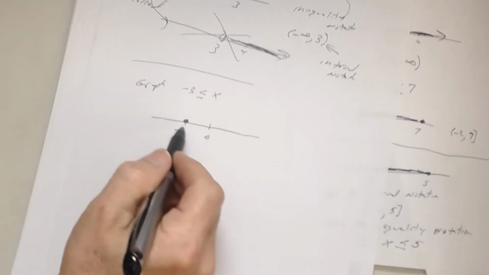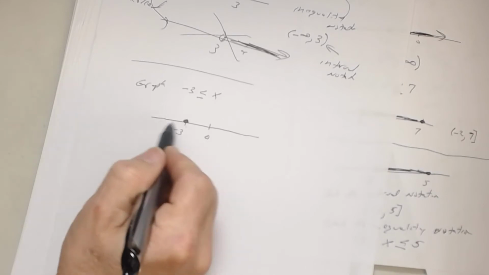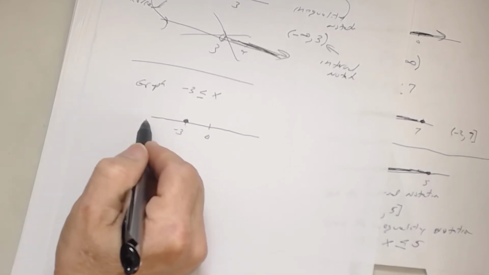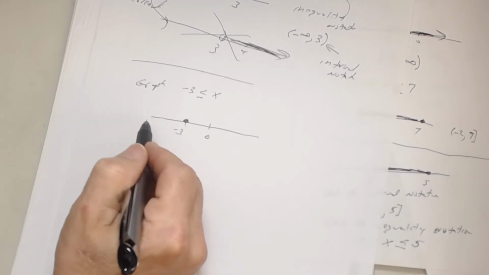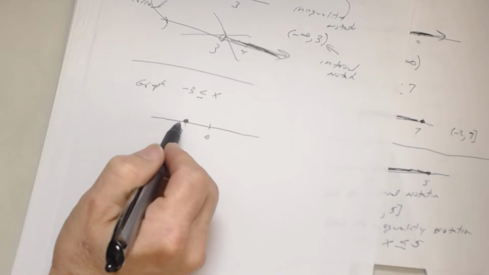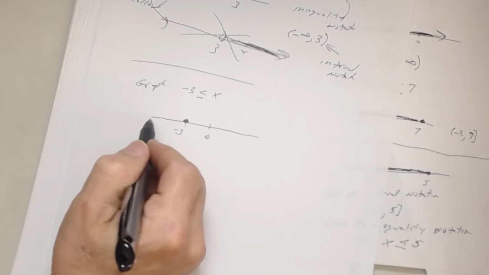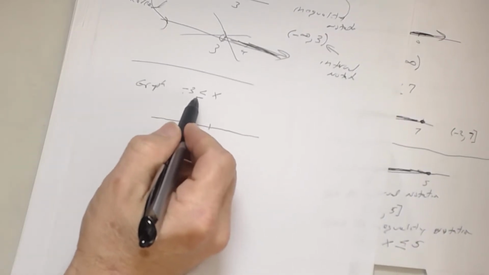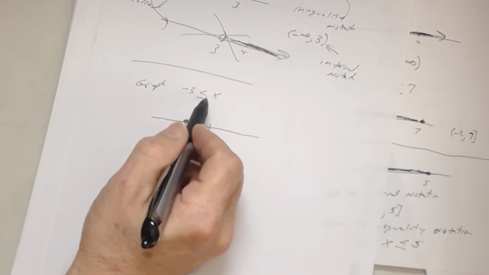So if you did shade everything to the left, I'm not going to shade it. But if you did, let's think about this. Give me a number that's to the left of -3. -1 is not to the left of -3. -4. -1's over here. All right. -5, -4. Is -3 less than or equal to -4 or -5? No, -3 is bigger.